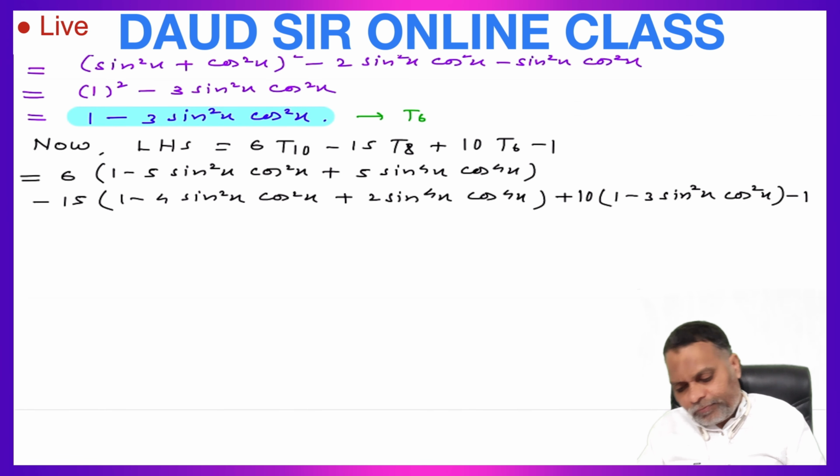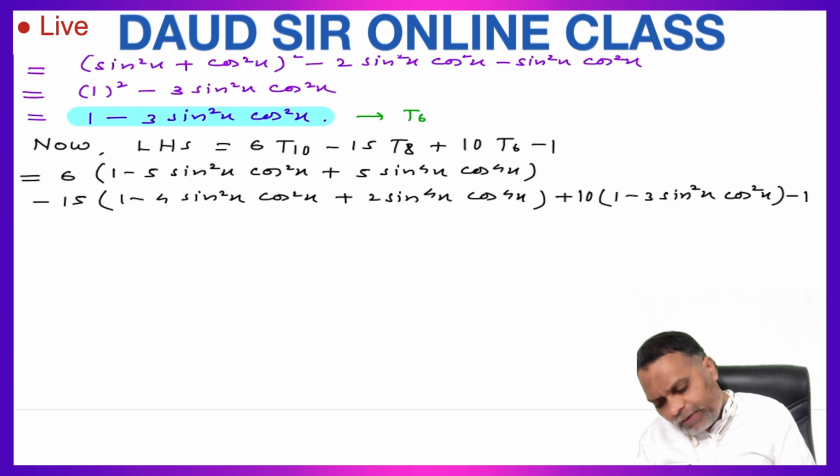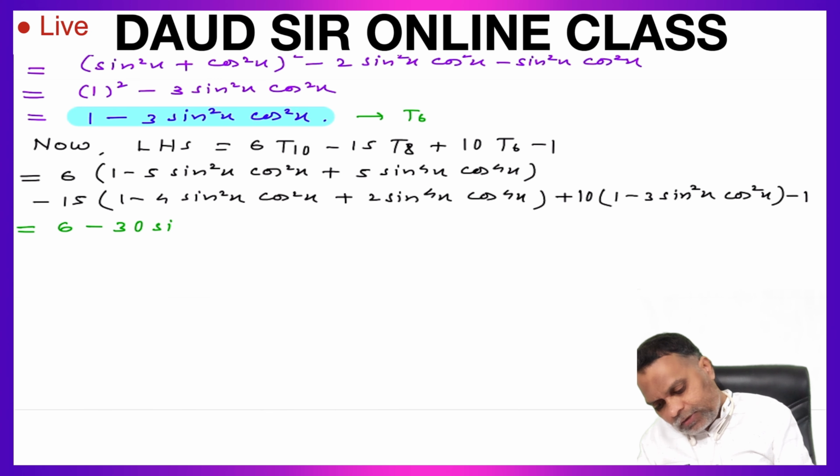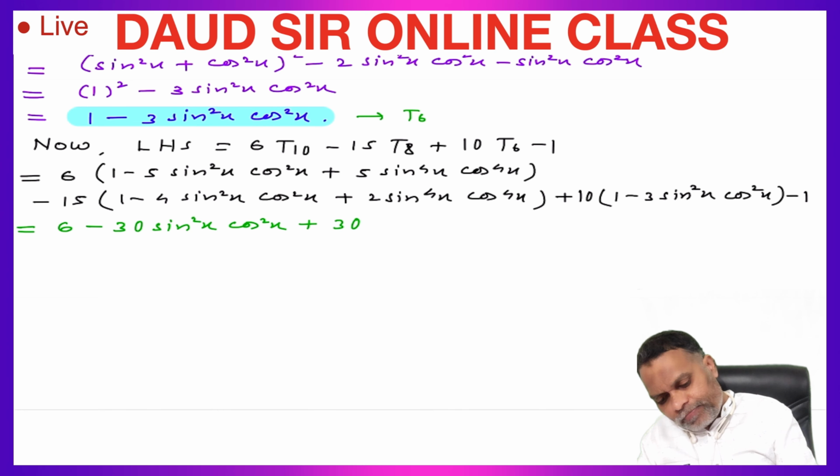Simplifying this, open all the brackets. 6 minus 6 fives are 30 sine square x cos square x plus 6 fives are 30 sine raised to the power 4x cos raised to the power 4x.